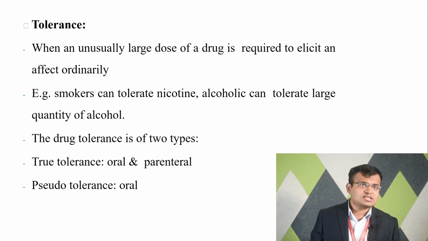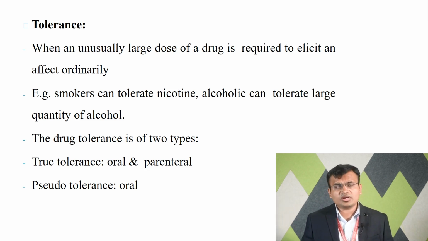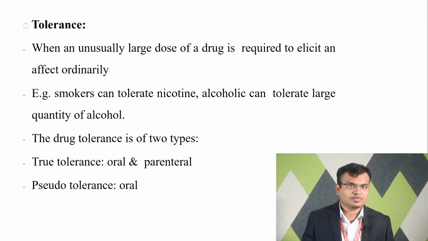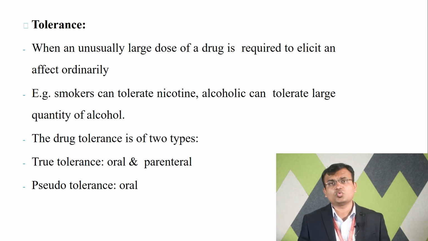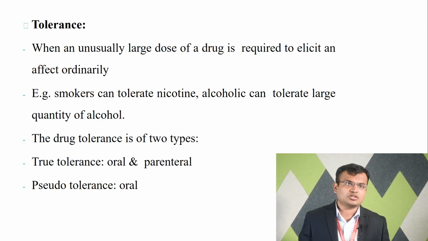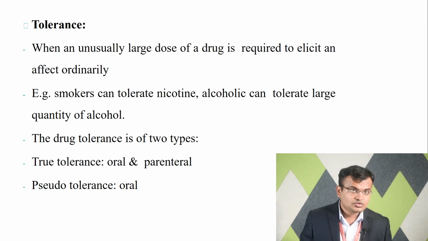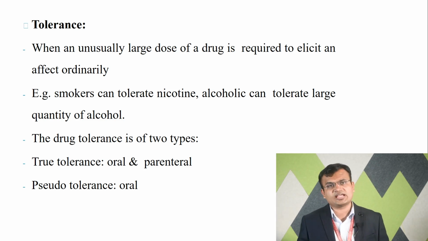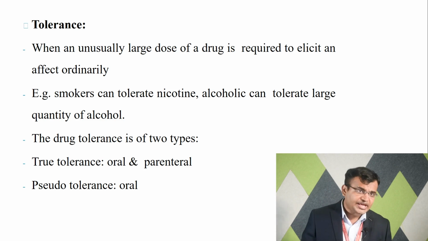Example, smokers are tolerant to nicotine. Even alcoholics are tolerant to large quantities of alcohol. So how can they be categorized? They can be categorized into two types.